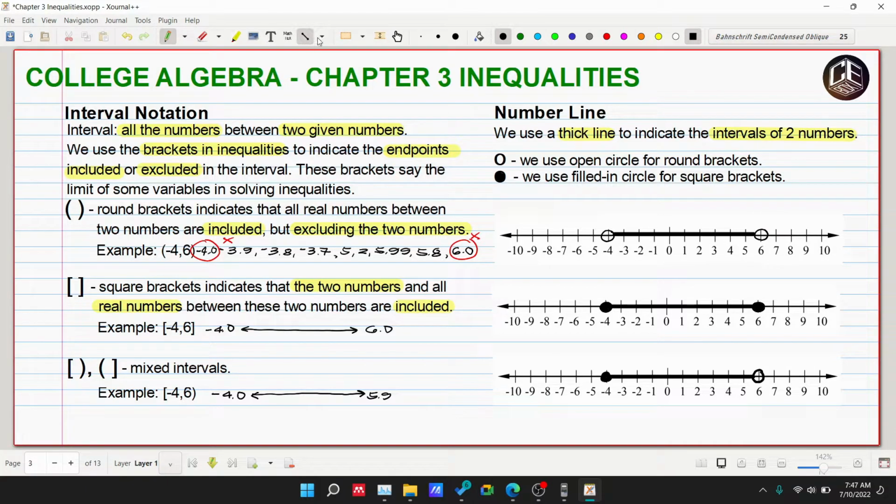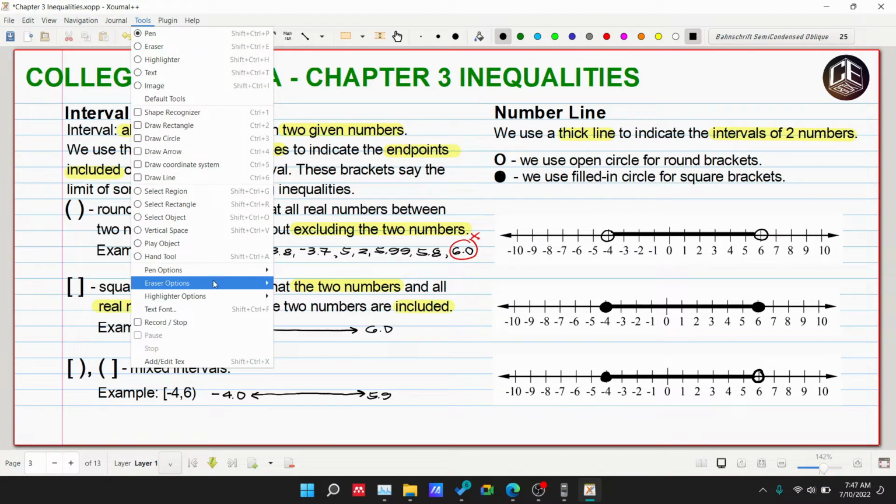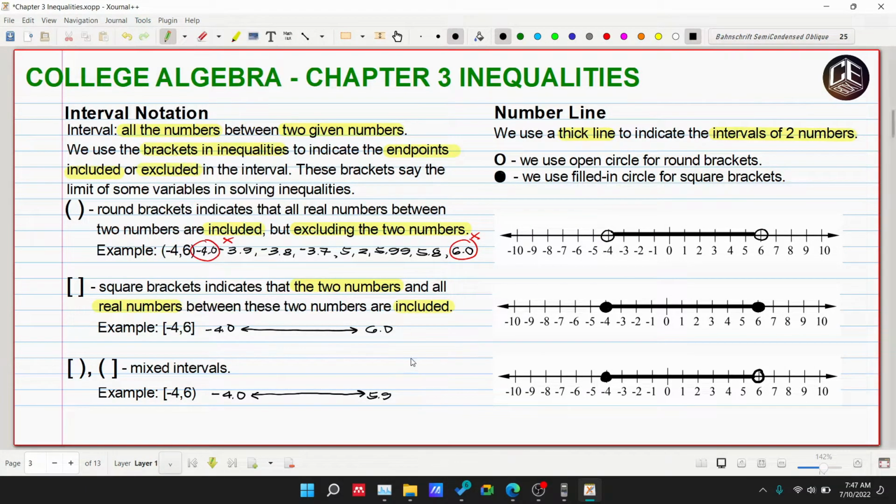For example, ang masasolve natin is, sabihin natin, square bracket, then negative 6, ayan, negative 6, then negative infinity. Tapos sabihin natin square bracket. So bakit ipa-plot to?